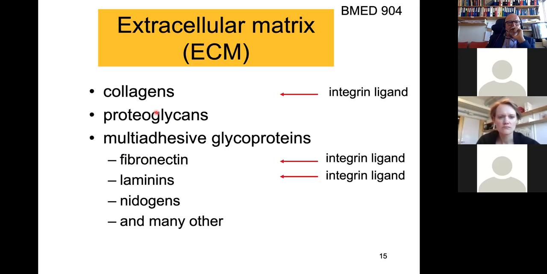Proteoglycans, as we said in last lecture, are very negatively charged and are not usually your prototypic integrin ligands, but integrins can bind to fragments of proteoglycans, and the syndecan proteoglycans can activate integrins, which is a new finding. They can also act, as we said, as co-receptors for growth factor receptors.